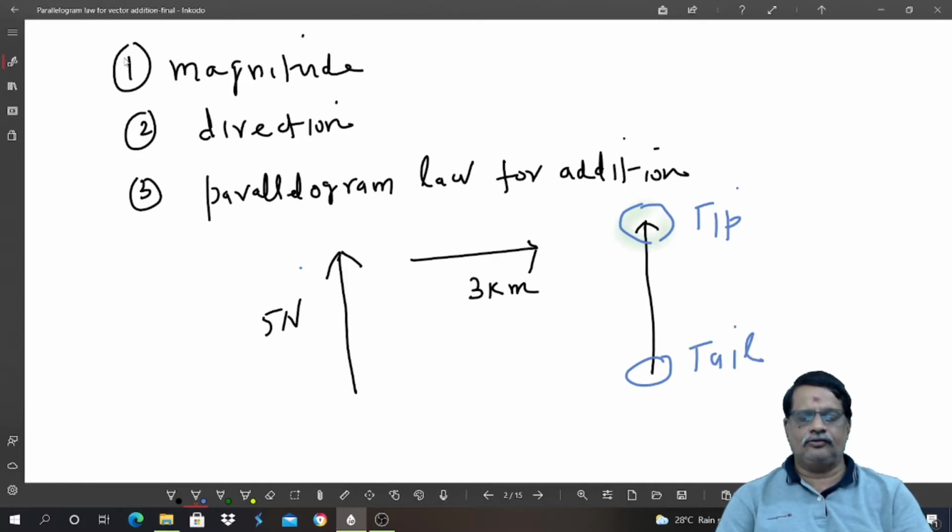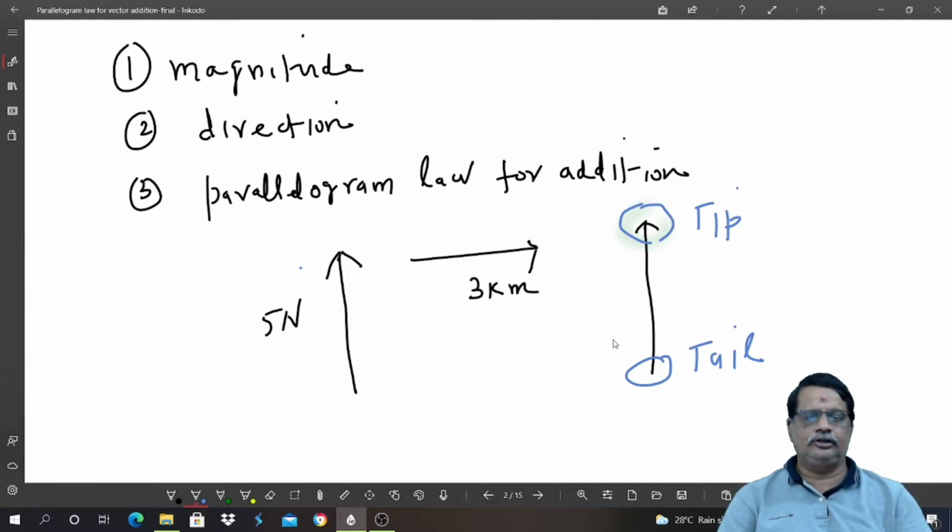So every vector has a tip and a tail. Now what do we mean by tip and tail? The arrowhead is the one which is called the tip, and the other end of the line segment is the tail.